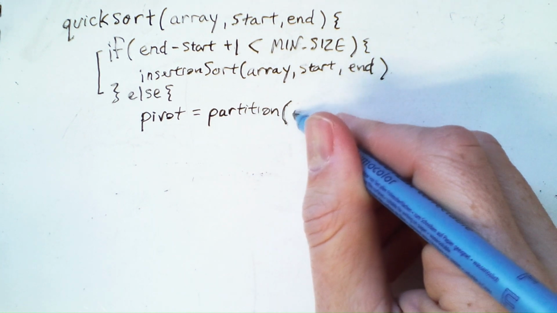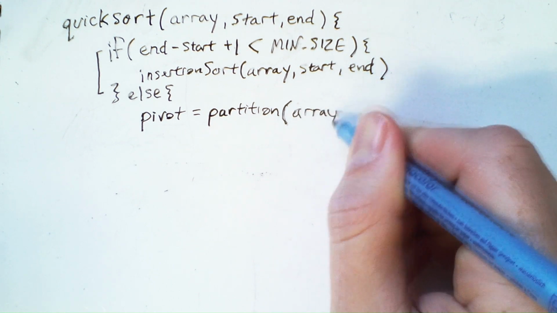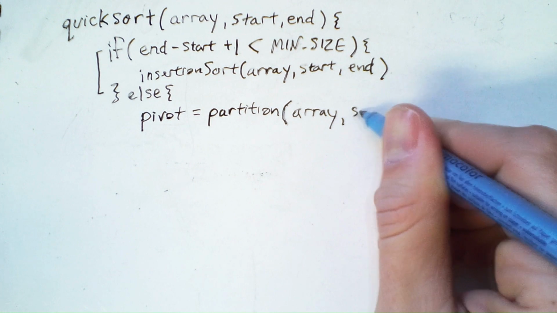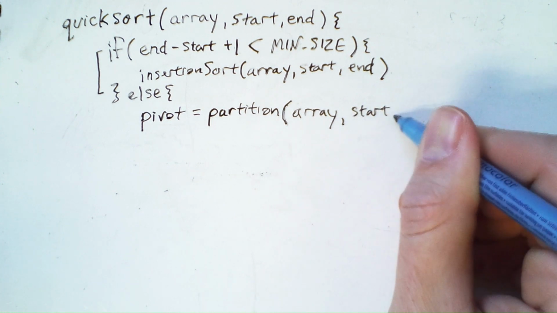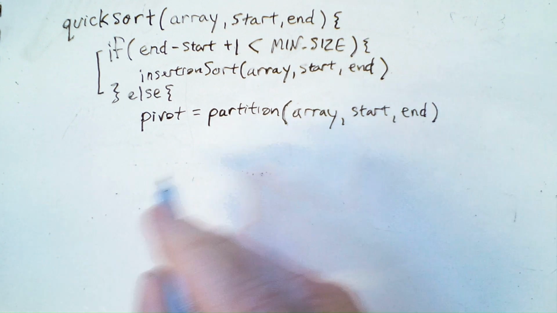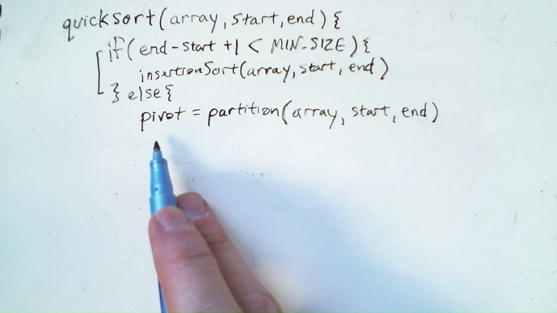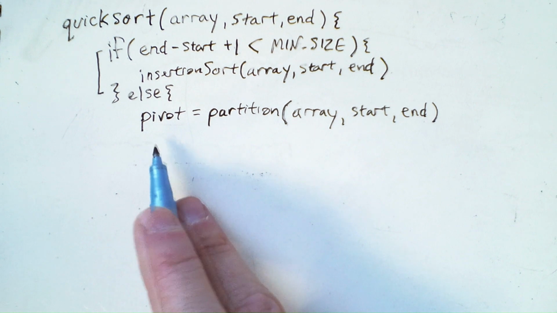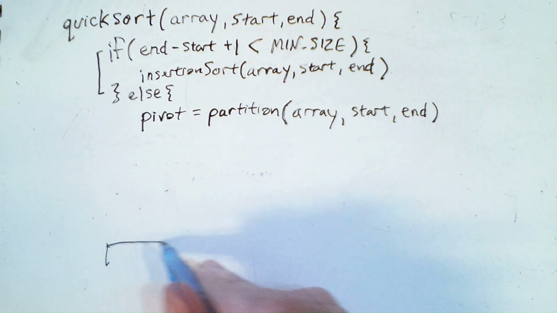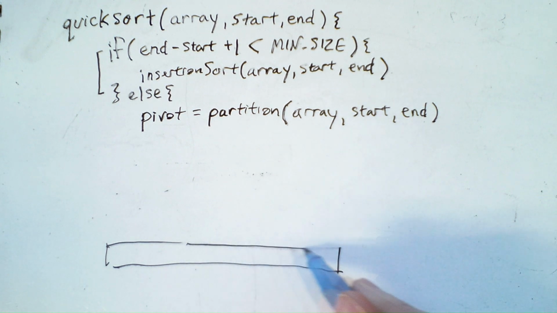But for now, we're just going to call partition with the array and the range that we're sorting, so start and end, and assume that this takes care of the whole partitioning process. But what it does is it returns pivot, which is an index.